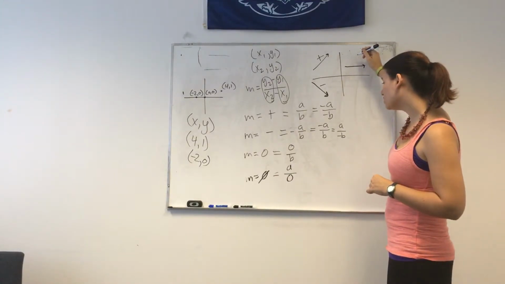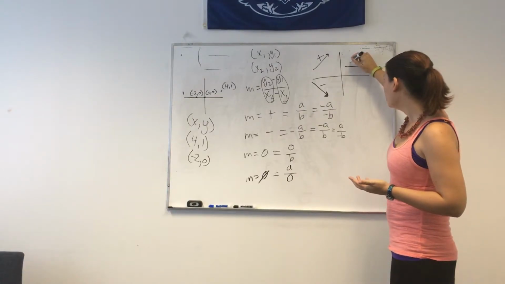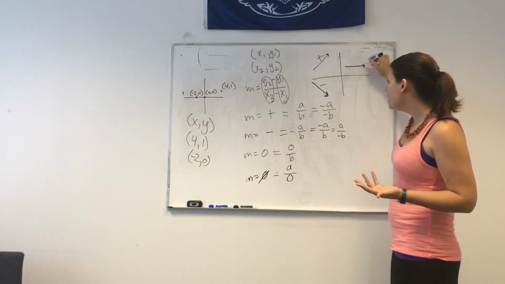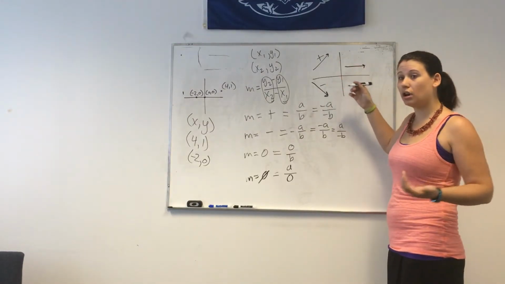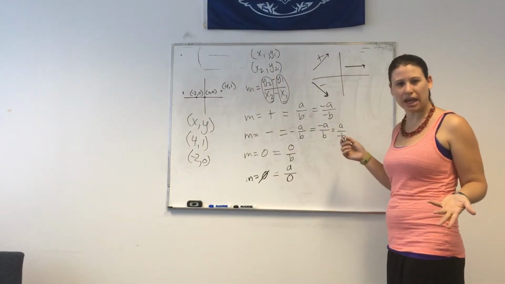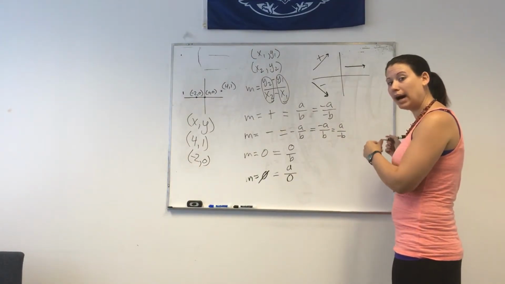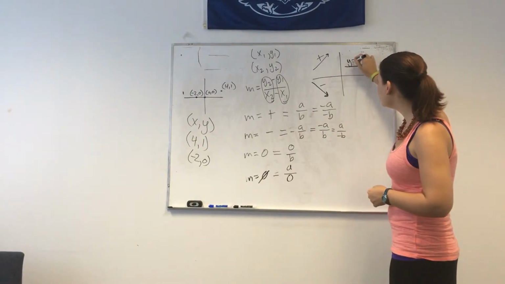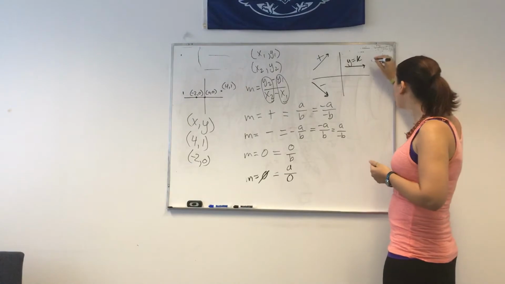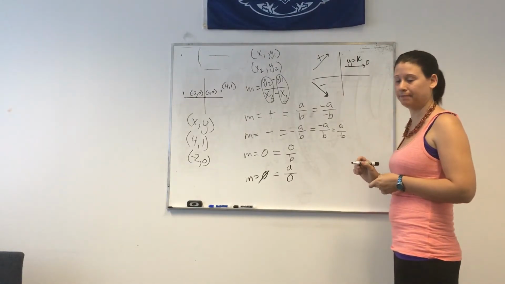We don't change our y, but we change our x's. So it can't be consistent on the x, it has to be consistent in the y. So that means we have y equals k. That's the type of line that is a zero slope line.